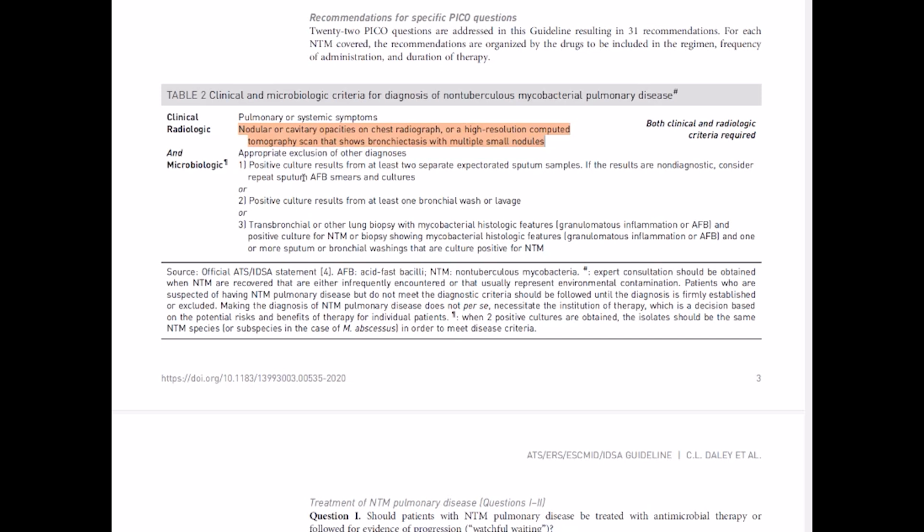And if the patient is presenting with the fibrocavitary form of the disease, as I just showed you, it's really hard to tell the difference between a cavitary NTM lesion and cavitary lung cancer. So in most cases, I would suggest doing a chest CT, which can be done non-contrast, rather than doing chest X-ray and following the patient with chest X-ray.